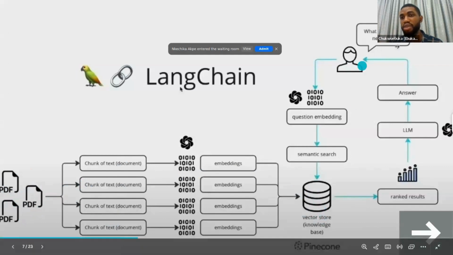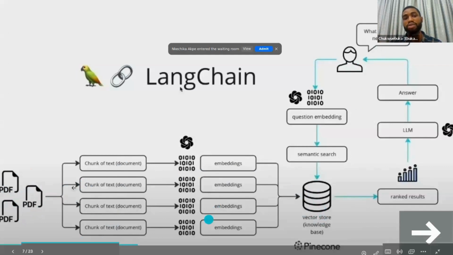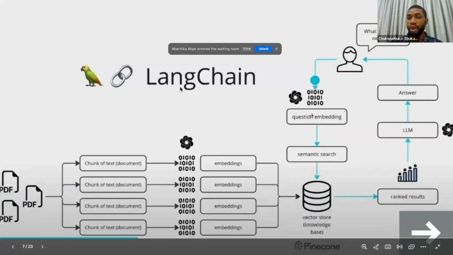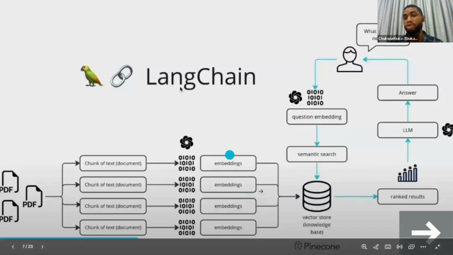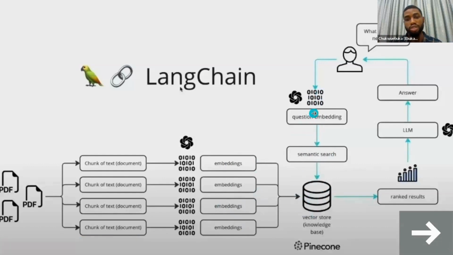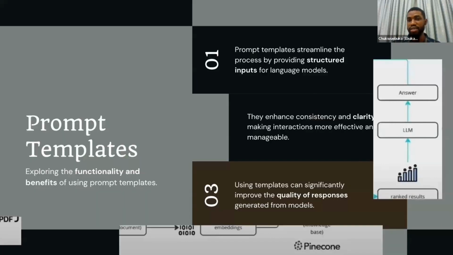Then when you try to get information about your documents, it also embeds your question and does what we call a semantic search. Semantic just means similarity. So it does a comparison search to see what documents in the vector store are still similar to the question I'm asking. And that's it about LangChain.